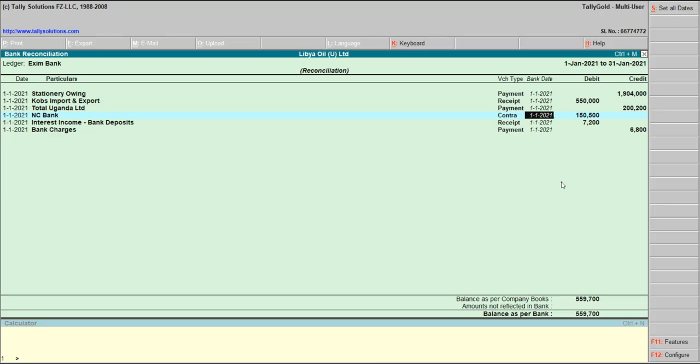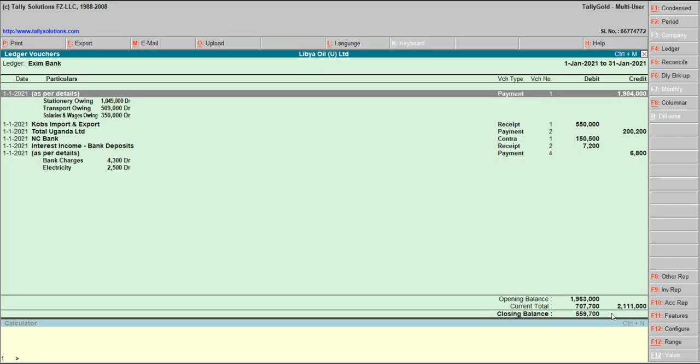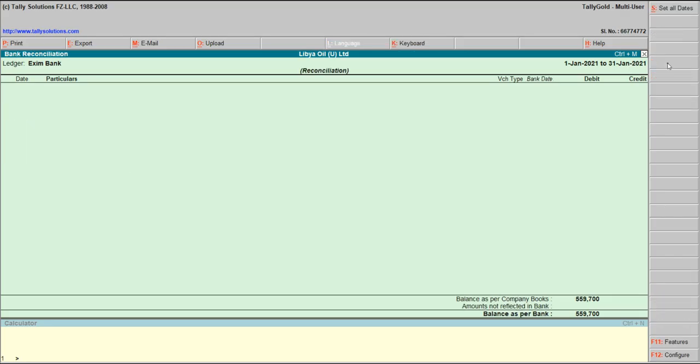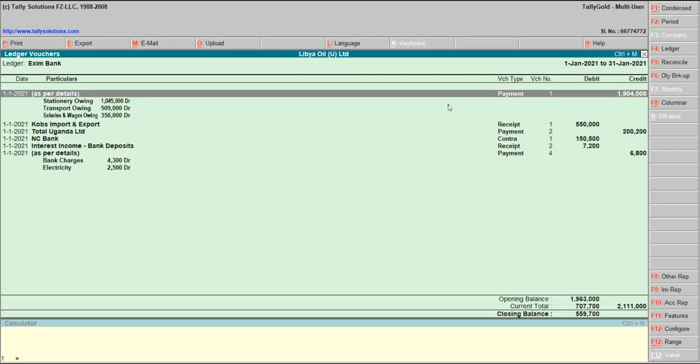Then you enter, and they will ask you whether you accept or not, you click yes. So we have reconciled. If you want to confirm that we have reconciled, click reconcile again. You'll see that there is nothing to reconcile. So that's how we reconcile.